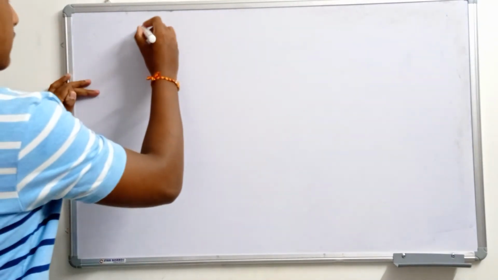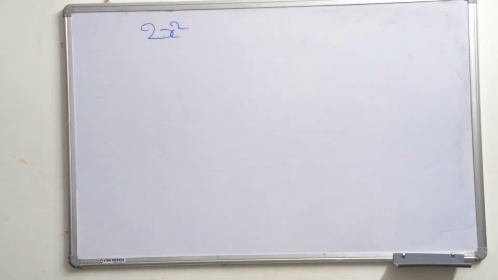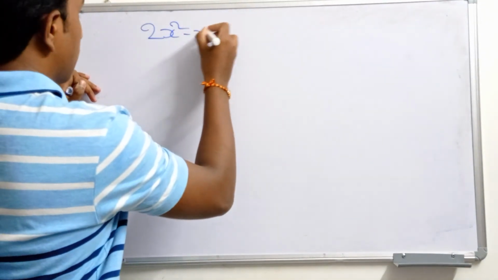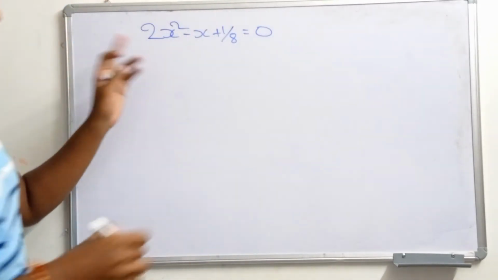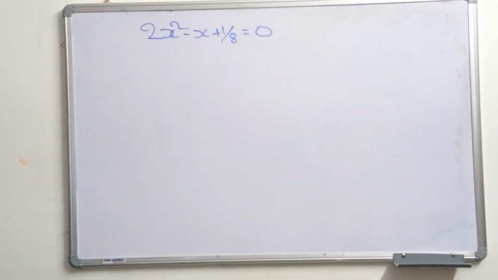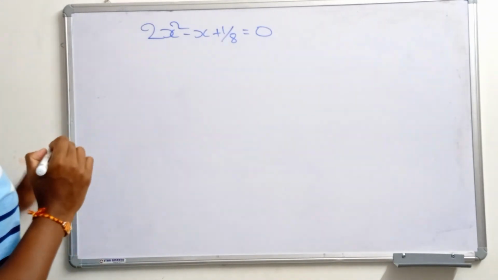2x square minus x plus 1 by 8 is equal to 0. The given equation is 2x square minus x plus 1 by 8 is equal to 0. So we have to solve this, guys. First we have to check is it a quadratic equation or not.